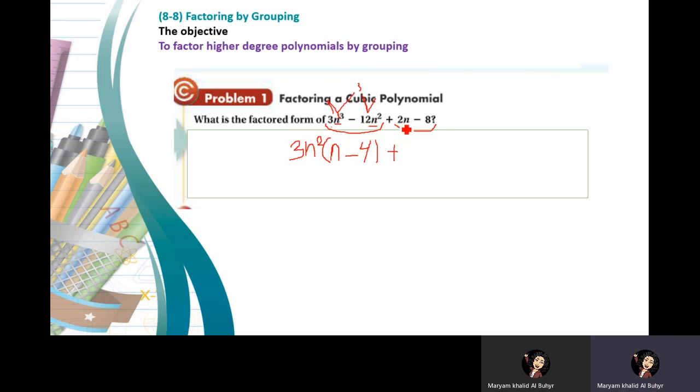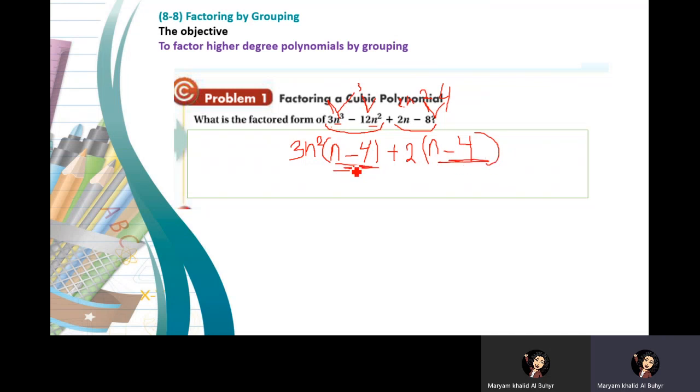Plus, what is the common between these? The common between them is only 2. So I will leave n inside and here minus 4, because I can factor this into 2 times 4, and here the same thing, 2 times n. So I took n and n because they are the same, and minus 4. Now, this is exactly the same as this one.